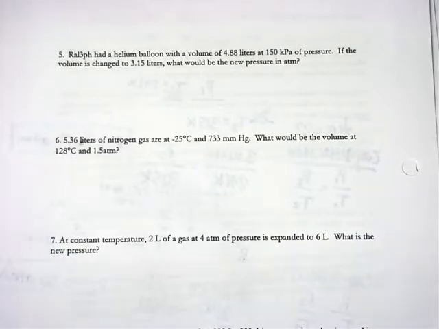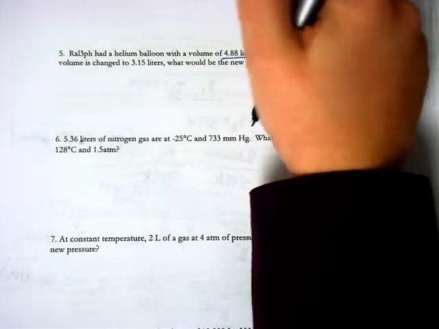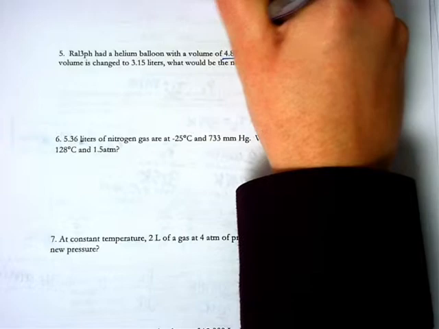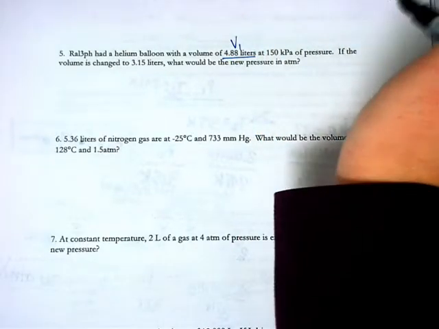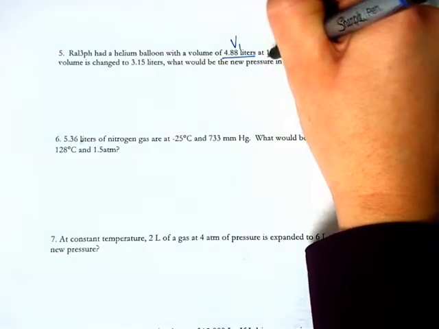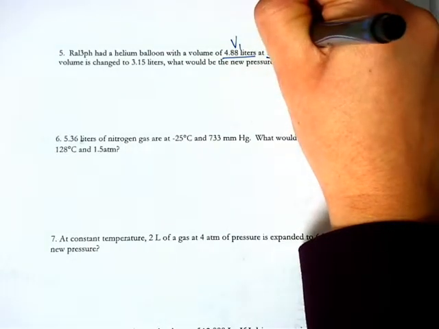Ralph, with a silent 3 in his name, has a helium balloon, and it had a volume of 4.88 liters. So what are we going to label this? V1, 4.88 liters is a volume at 150 kilopascals of pressure. So what are we going to label this?